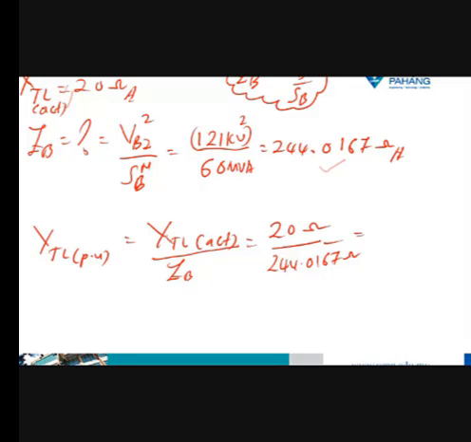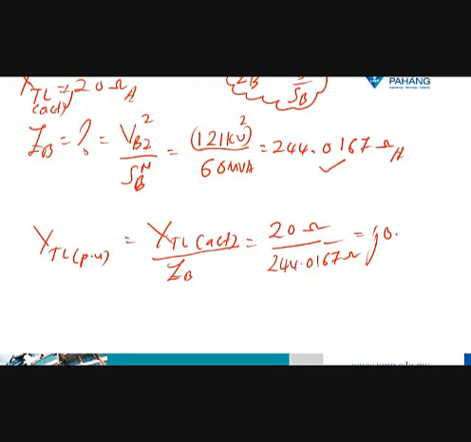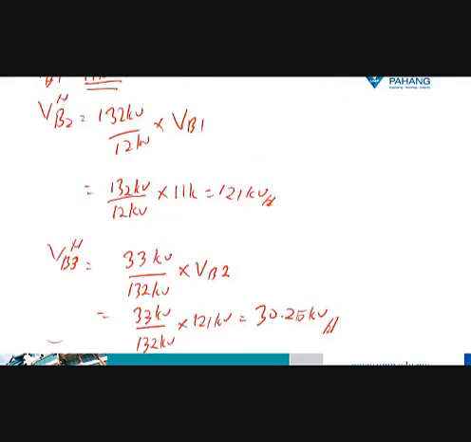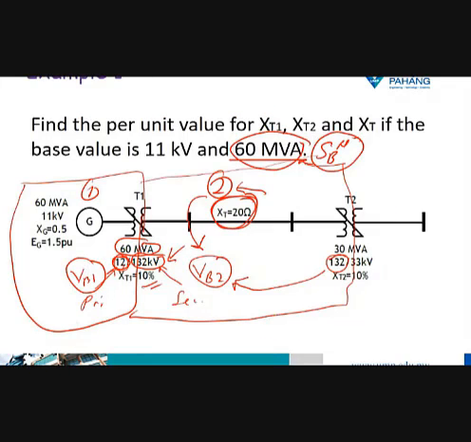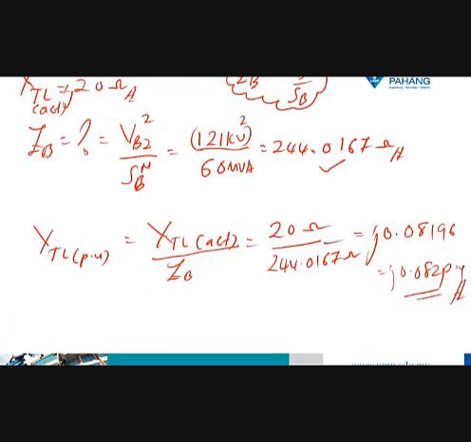We will get j0.0819 per unit for the transmission line. So now we have solved this first example and found all the per unit values for example 1. Any question for example 1?